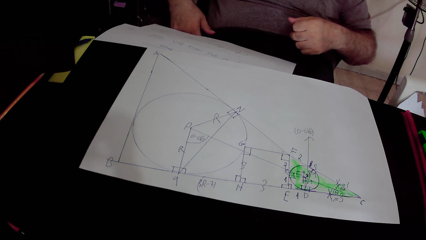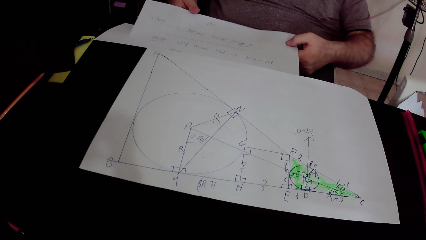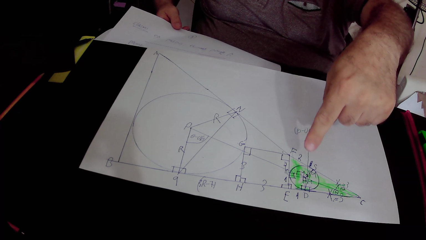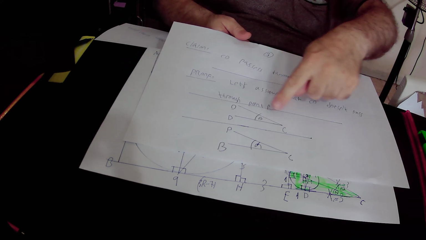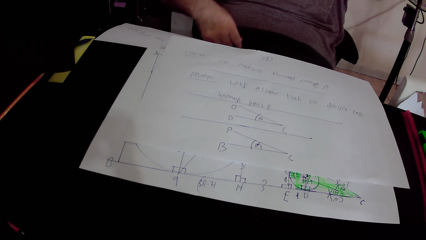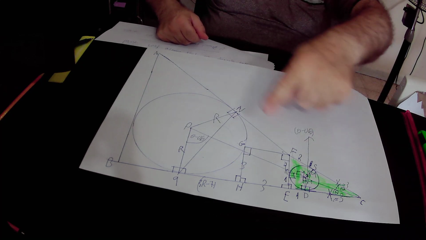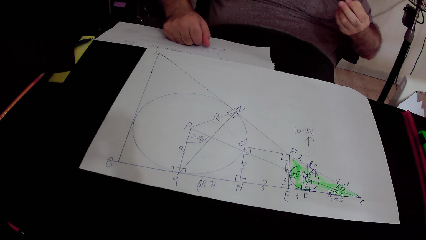So if CO doesn't pass through point P, then we have here two angles: angle OCD that is equal to theta, and the second angle PCD, PCB, can never be equal to theta.